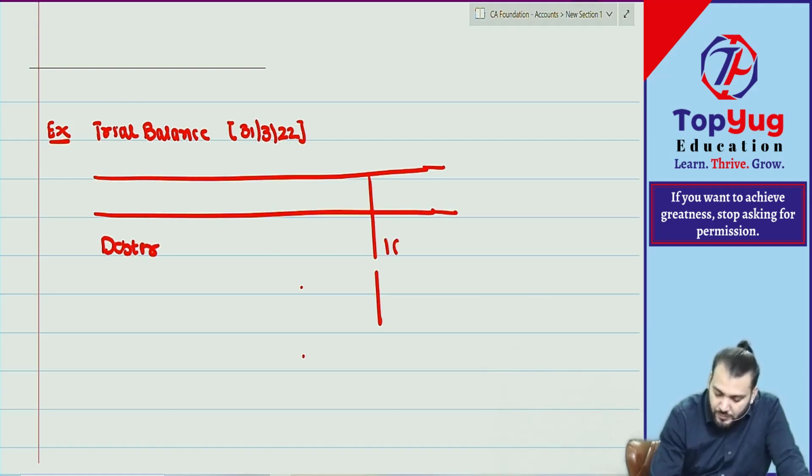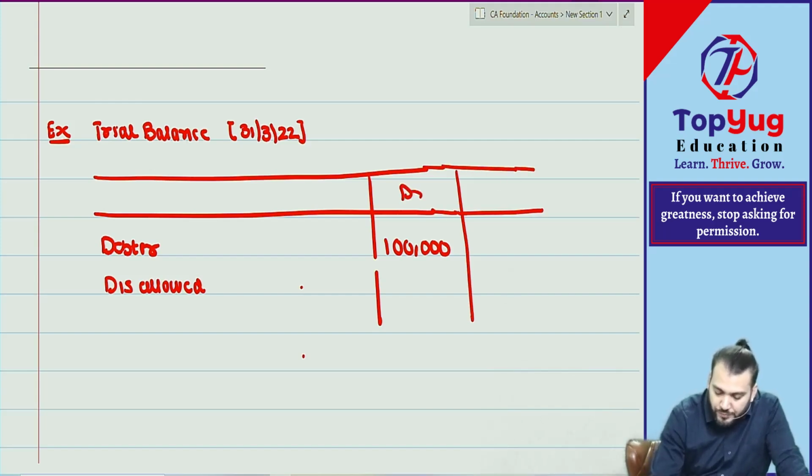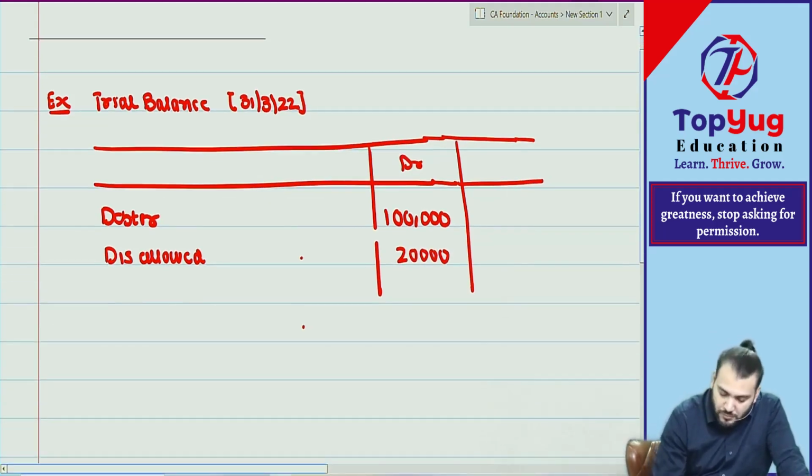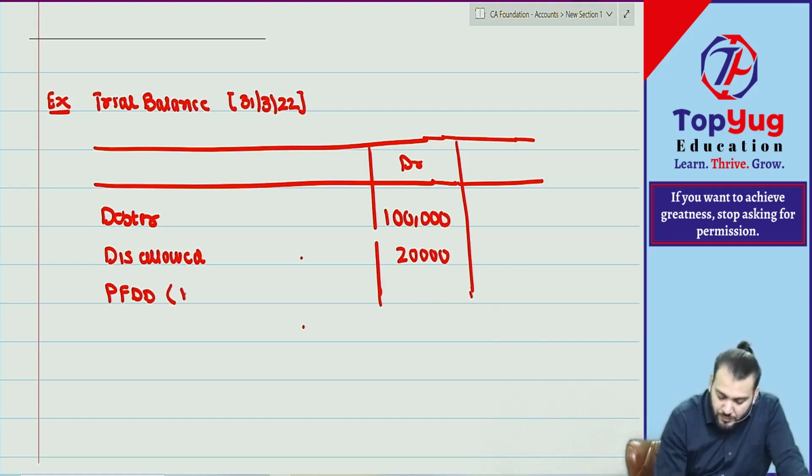Debtor 1 lakh, discount allowed 20,000, provision for doubtful debt on 1/4/2021 is 10,000.